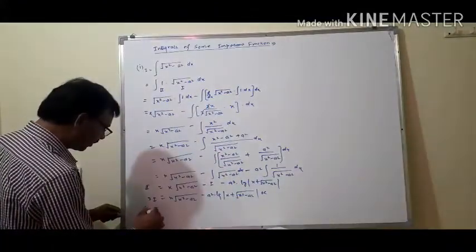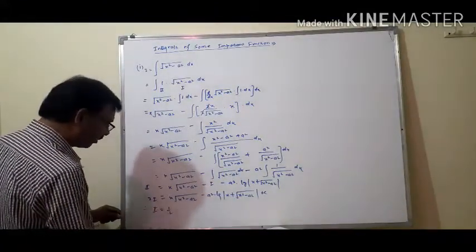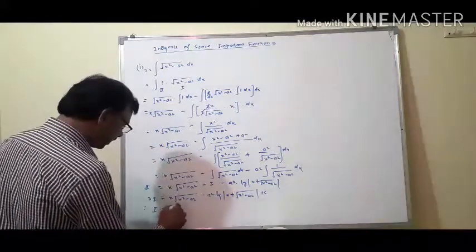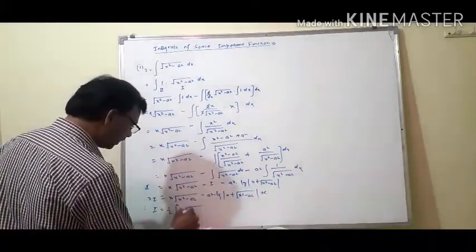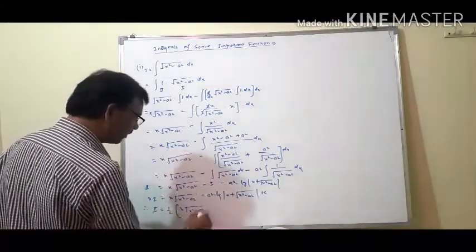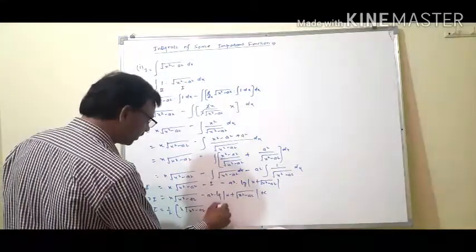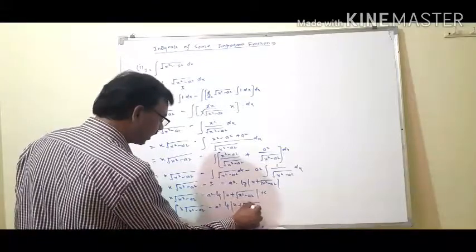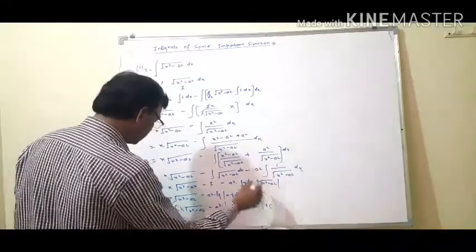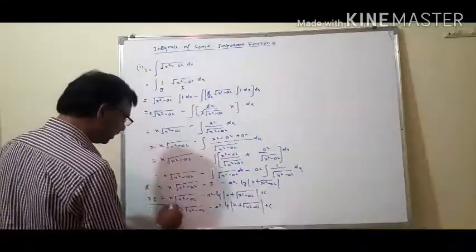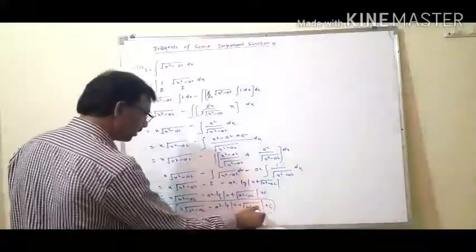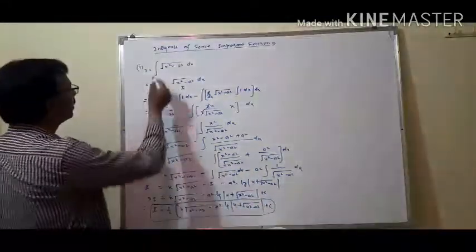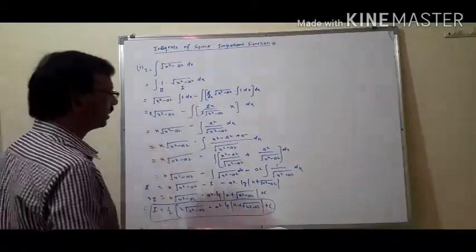Therefore, I equals 1 by 2 into x root under x square minus a square minus a square into log of x plus root under x square minus a square plus c. This is the integration of root under x square minus a square dx.